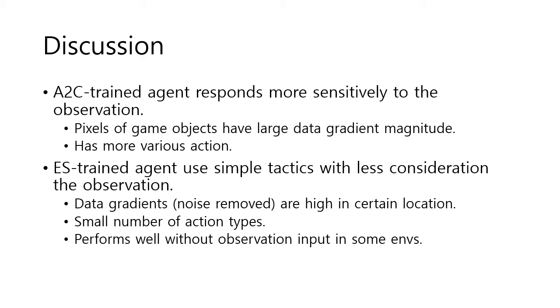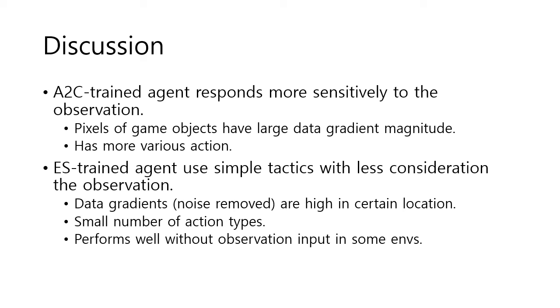Then let's take a deeper look into the agent's behavior. The A2C trained agent stays vigilant and responds more sensitively to the observation. Pixels of game objects have large data gradient magnitude, and the agent performs more various actions.